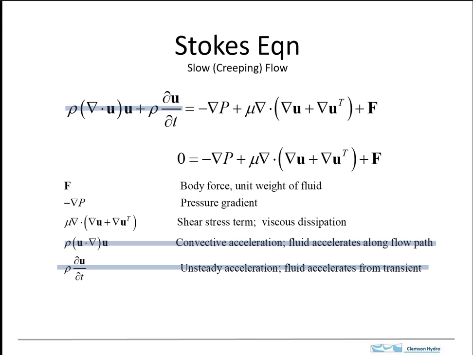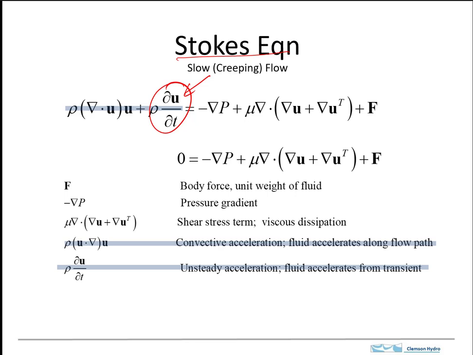Now, another simplified version of this that is used for some applications where the flow is very slow is the Stokes equation. And if the flow is very slow, then if you take the time derivative, it's going to be really small. So this is the rate of change of the velocity.